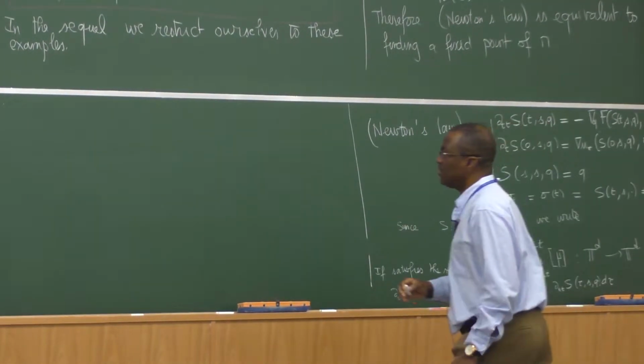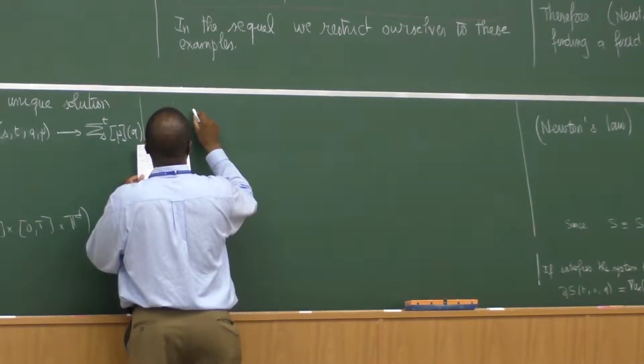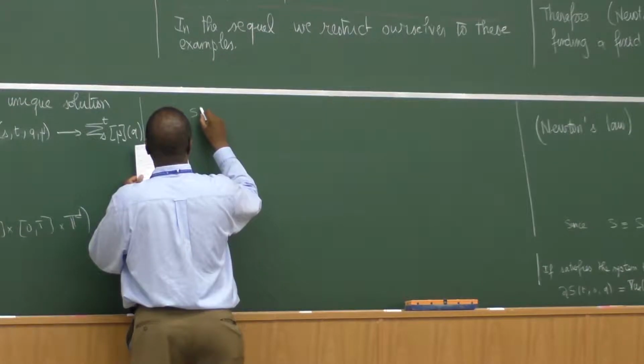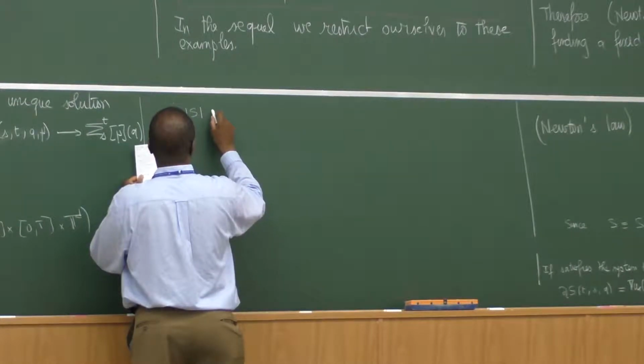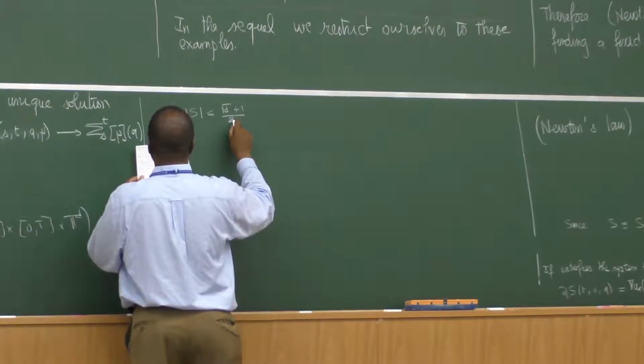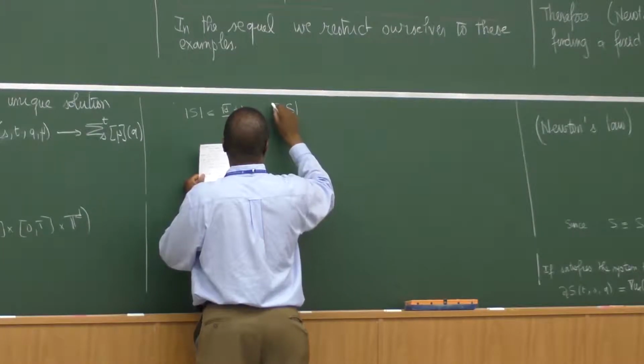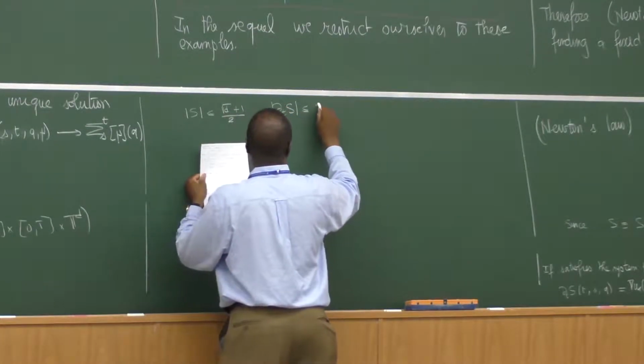So you can guess where I am getting this condition from. I am going to impose that the L infinity norm of S is less than square root of d plus 1 over 2. The derivative with respect to time of S is less than 2 kappa.